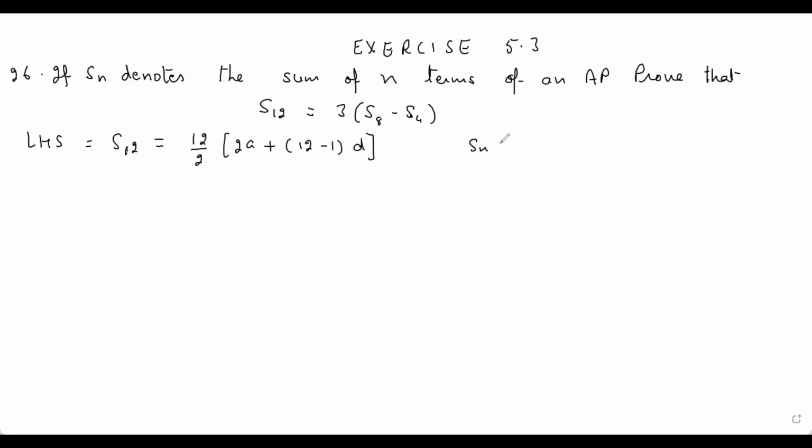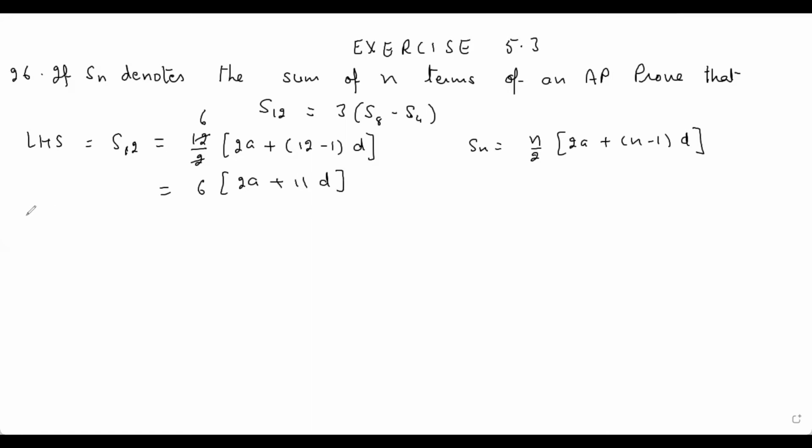The formula for Sn is n by 2, 2a plus n minus 1 d. So this is 6 times 2a plus 11d. So this is our left hand side.